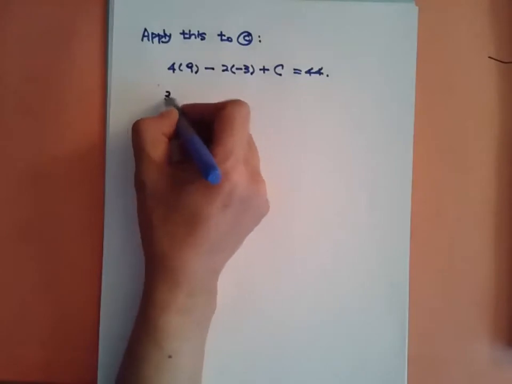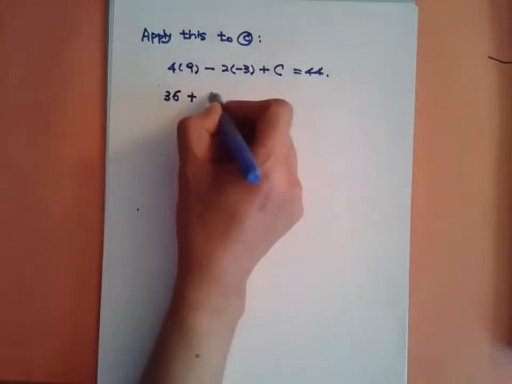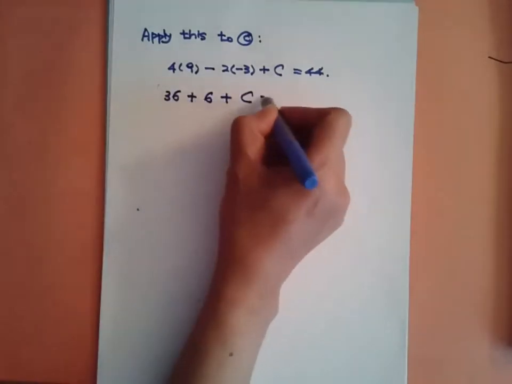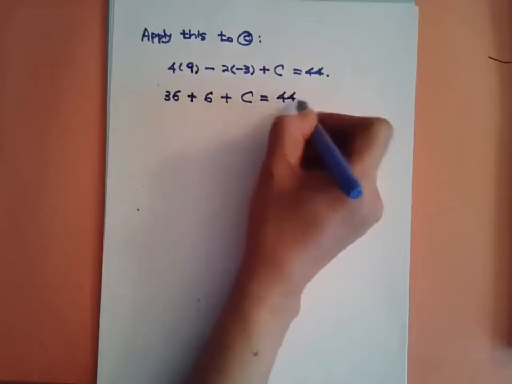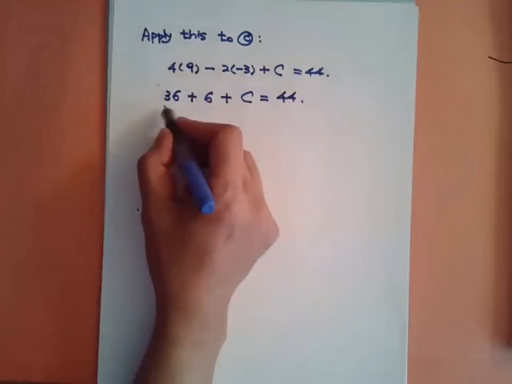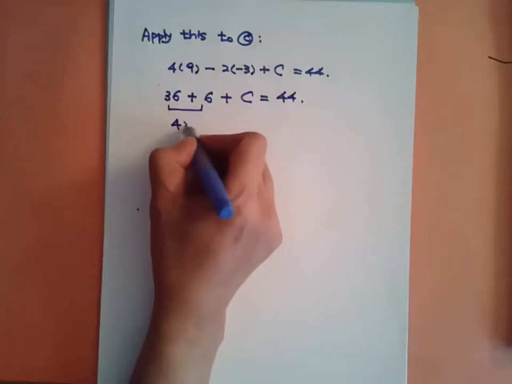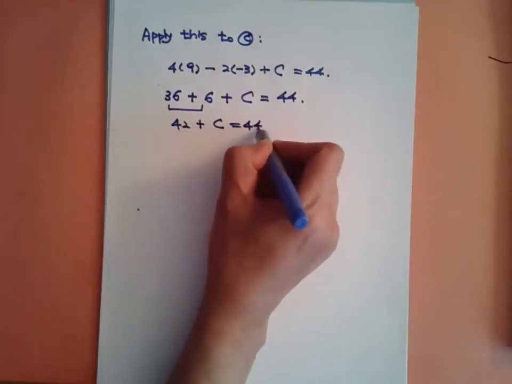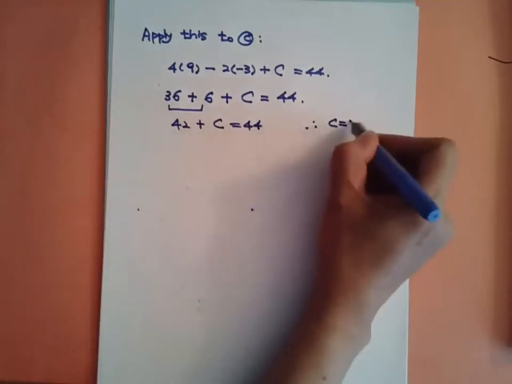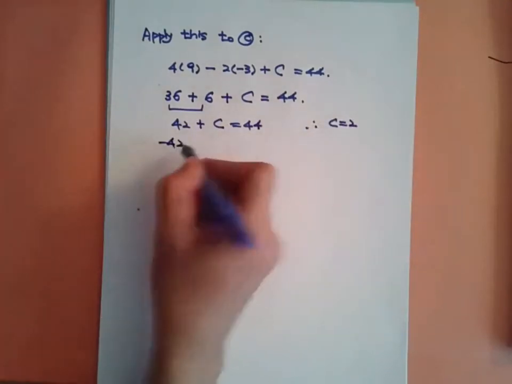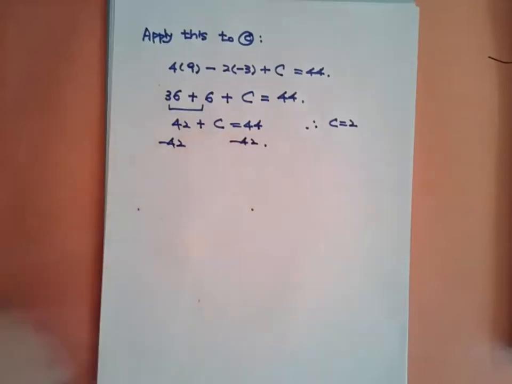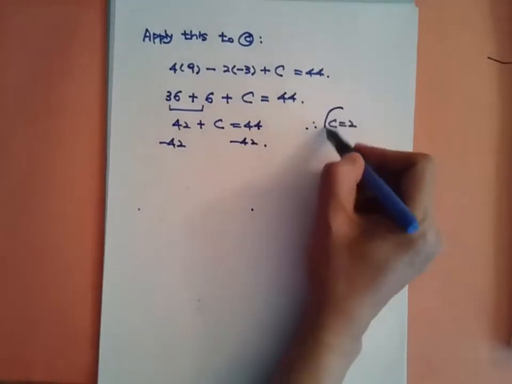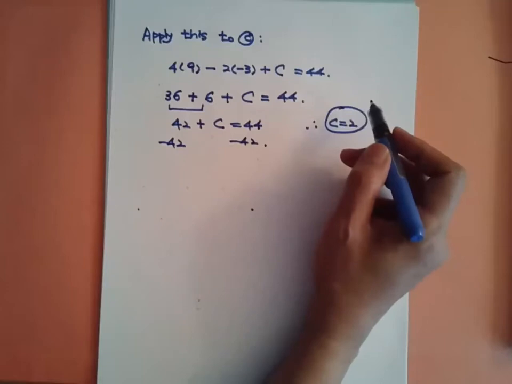So that is 36 plus 6 plus c equals 44, and then this one is 42 plus c equals 44. So c equals 2, we subtract 42 on both sides. So we got a, b, and c.